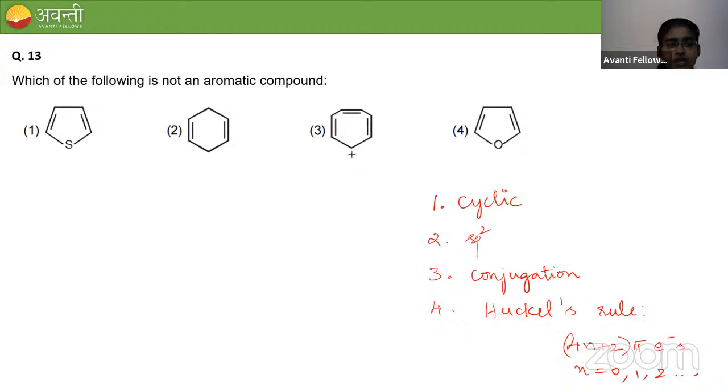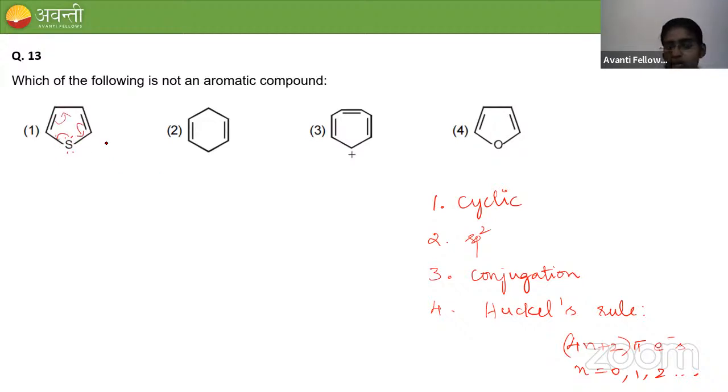You see here in the first compound, is the compound cyclic? Yes, it is cyclic. And all the atoms are sp2 hybridized because all the carbon atoms are doubly bonded, and it involves conjugation also. Sulfur is having two lone pair, and one of its lone pair will involve in the conjugation.